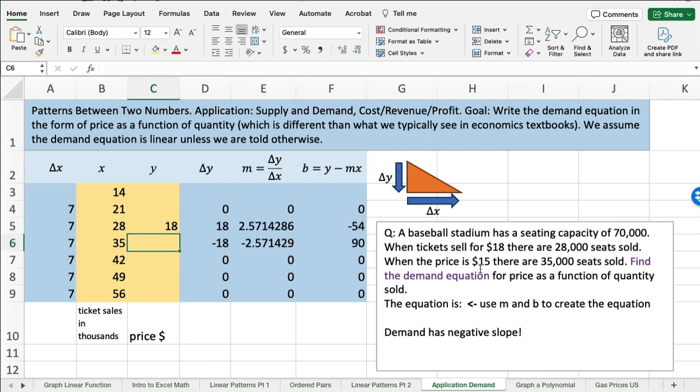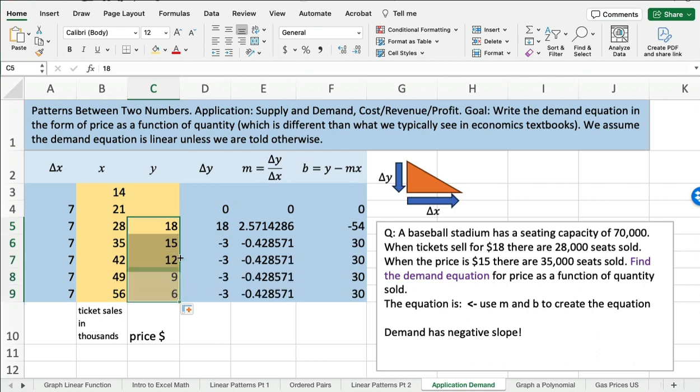And reading the problem, when we were able to sell 35,000 seats, the price was 15. So there you see our two x's and our two y's. All right. So I'm going to go ahead and fill that down and also fill up.